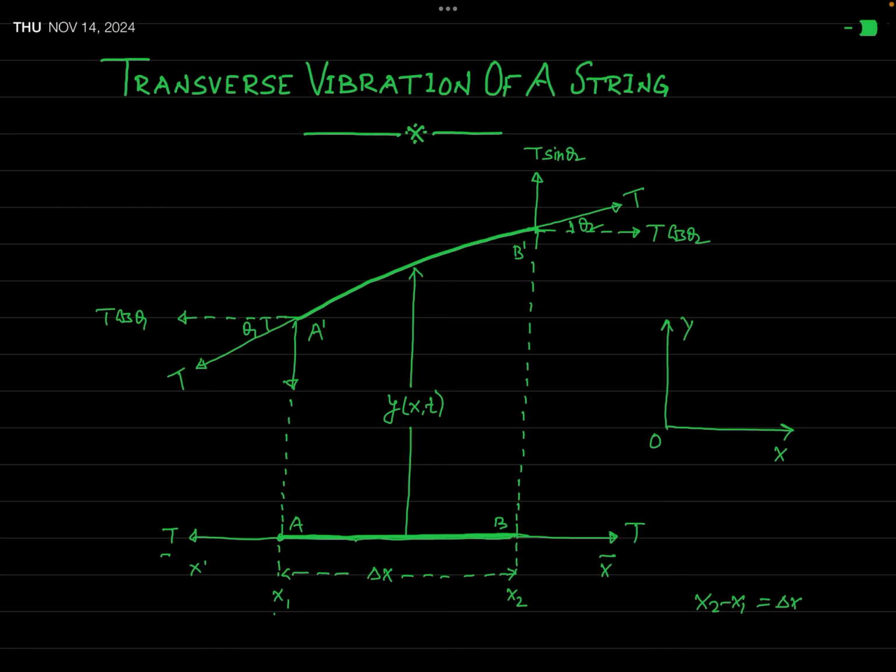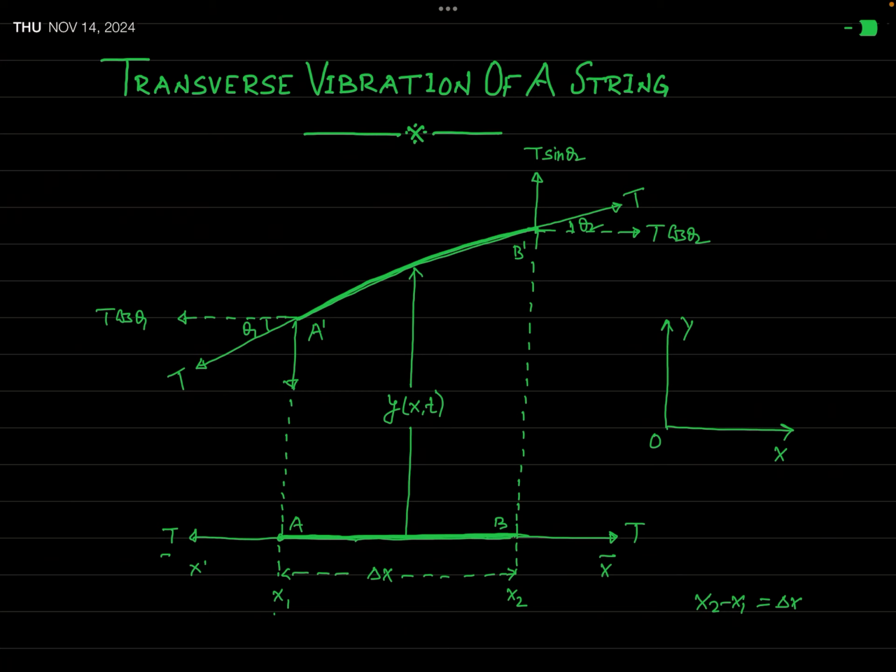When you apply a force in the y direction, this segment AB of the string gets displaced slightly, but we apply a force such that the displacement of this segment is very small, so that it will execute a small oscillation. Okay, and as you can see in this figure, I have shown that this A dash B dash is the displaced position of this segment of the string.